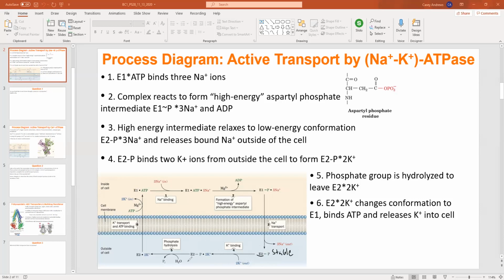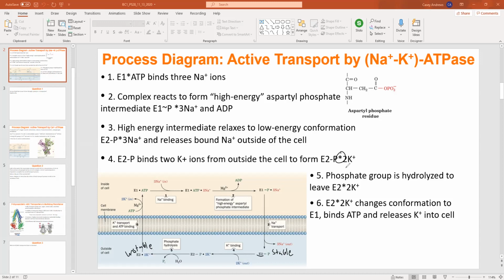And then potassiums will bind to that. And once that phosphate is removed, this becomes unstable. That's what this star kind of means.